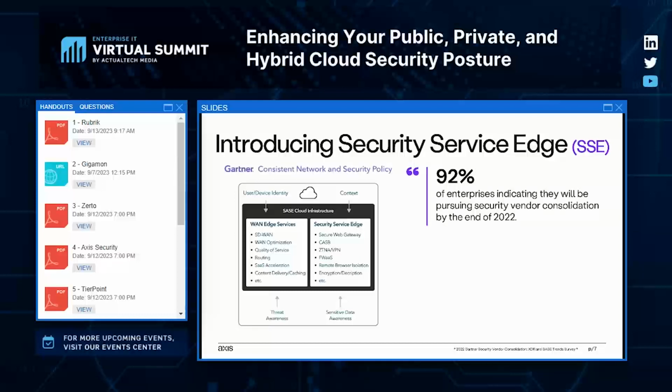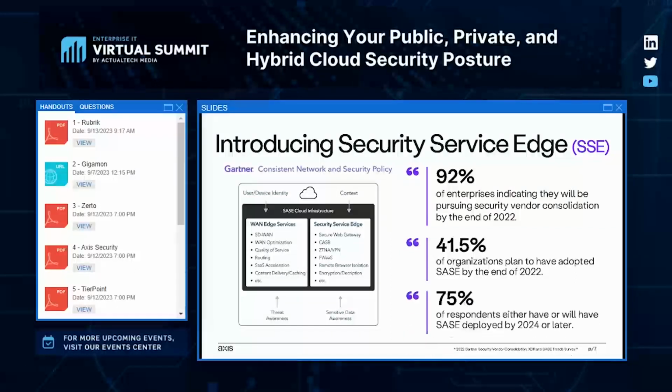In a report released by Gartner in 2022, it showed that 92% of enterprises indicated that they are pursuing vendor consolidation to simplify these solutions. 41.5% of organizations say they will adopt SASE by the end of this year, and 75% said they are pursuing SASE in the next year or so.